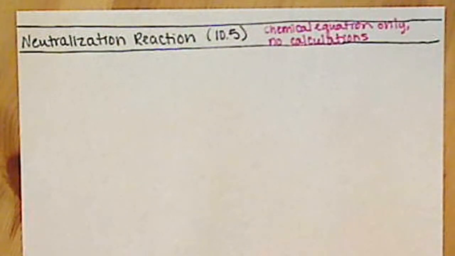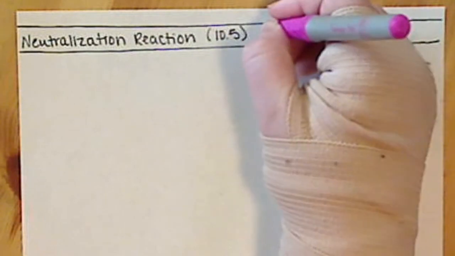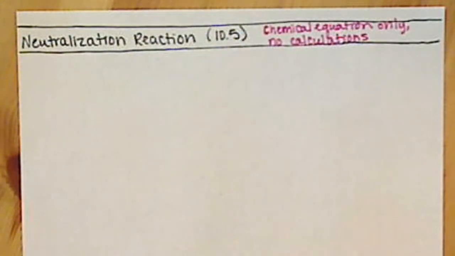Your book goes through some calculations with this using the mole road. We're just going to look at balancing, or writing out, the chemical equation. So let's look at what this neutralization reaction is, and what it means to have this neutralization happen.